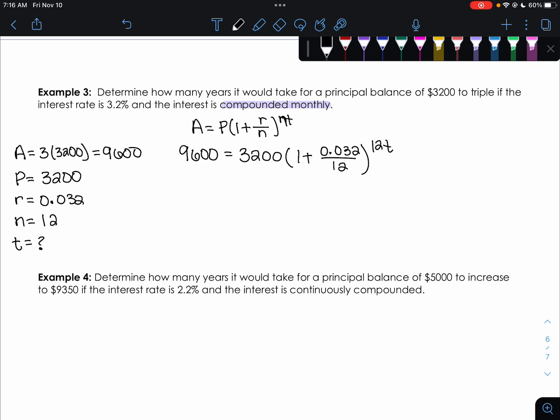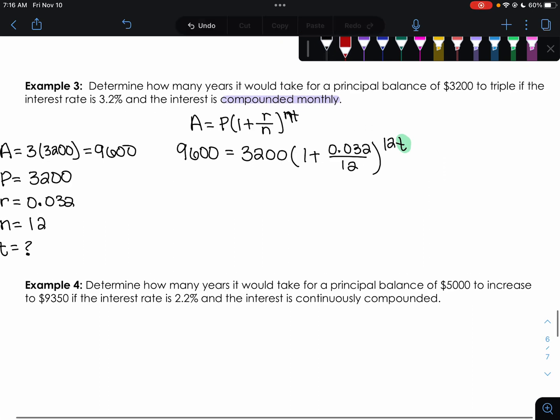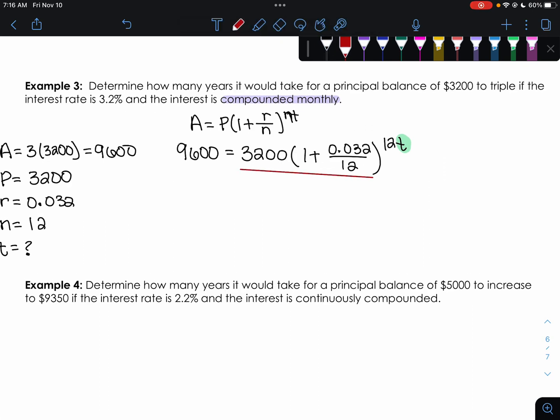So our t is in the exponent. What we need to do is get our base by itself, which is that 1 plus stuff. So I'm going to divide both sides by 3,200. When we do that, that should give us 3, and it leaves me with that.